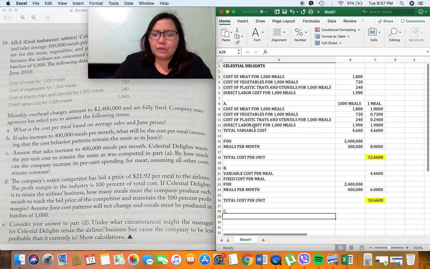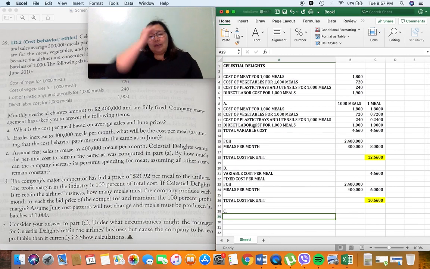By the way, before we continue, what we're doing right now is called sensitivity analysis. In your subsequent accounting course, the strategic cost management course, you will be taught how to compute for the profit, the so-called cost, volume, and profit analysis.